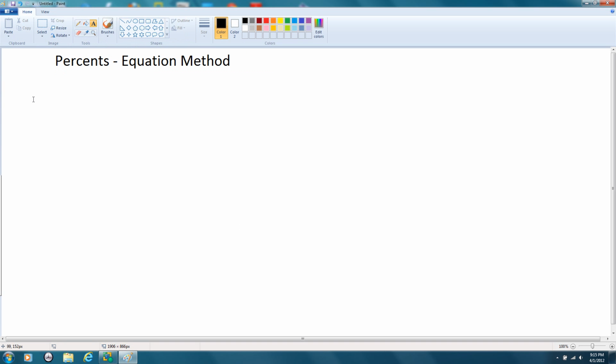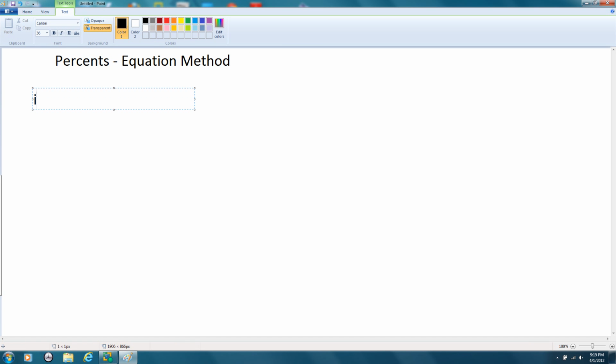So we know that the word is means equals, or the equal sign. We know that of means multiplication.